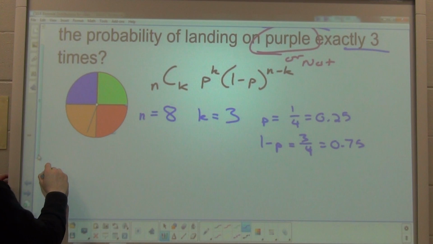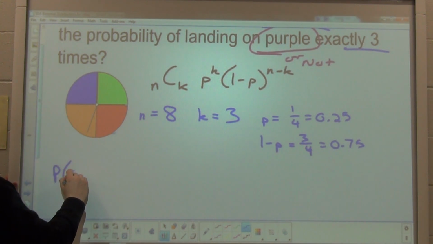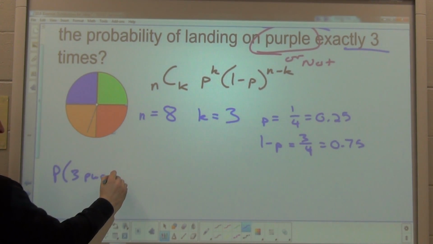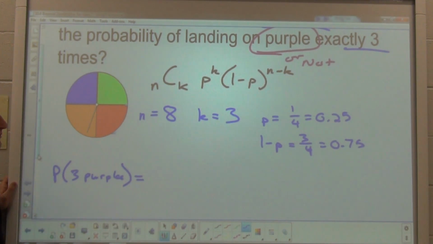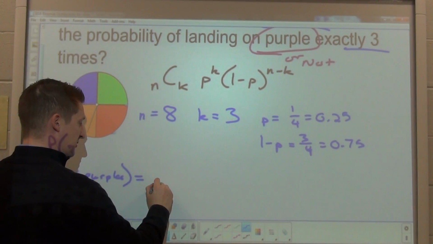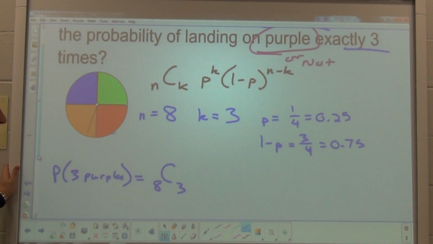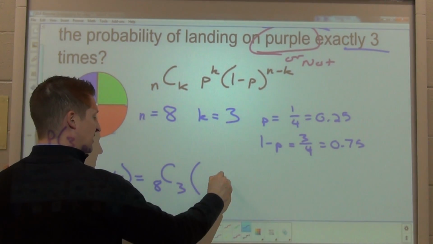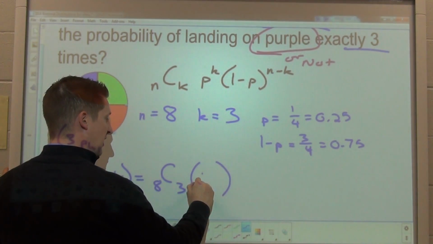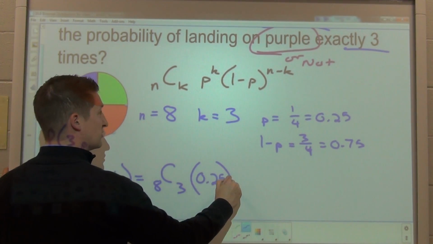So the probability of 3 purples, we'll say, is equal to nCk. So we start with 8C3, combination of 3 items chosen from 8, times the probability of success, which in this case is 0.25, raised to the k power.